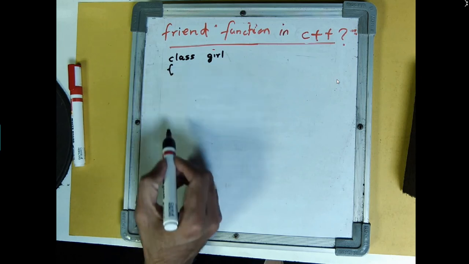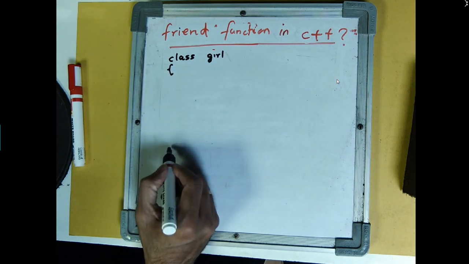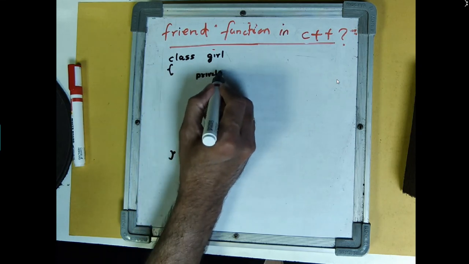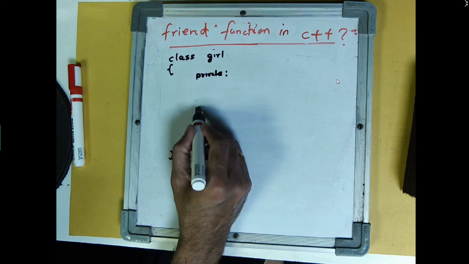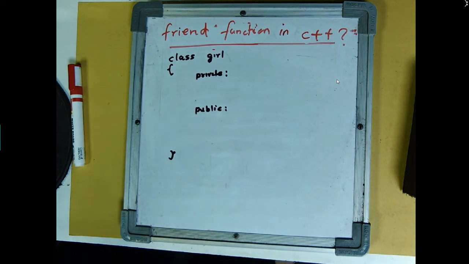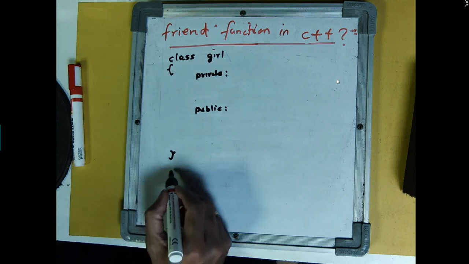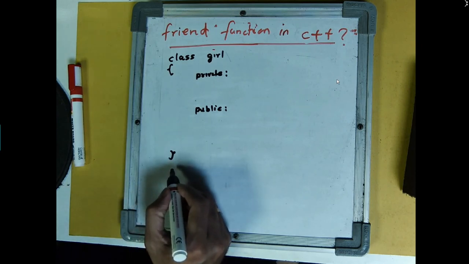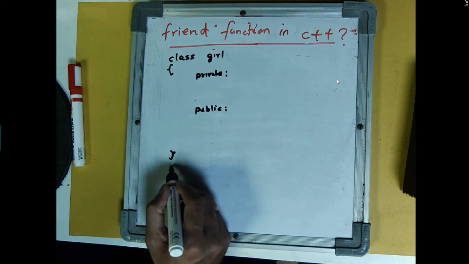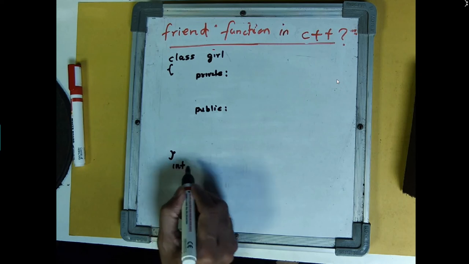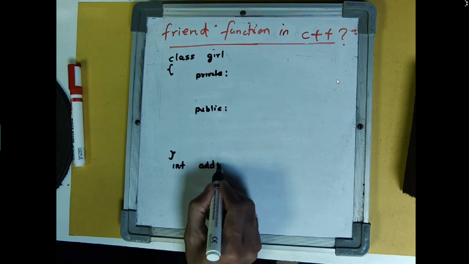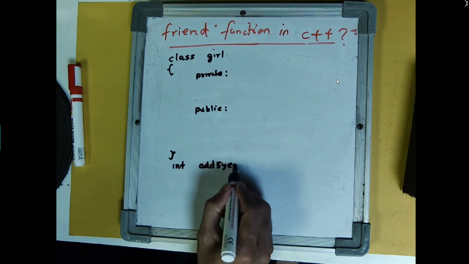and you have the private and public section in this. Also remember that you have a function called add 5 years.